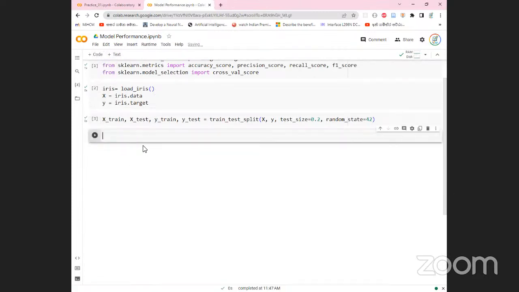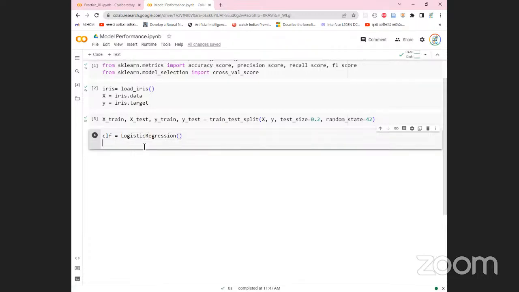Then we can go with importing the model. We are going to get the logistic regression model, and we are going to pass the data with fit first.